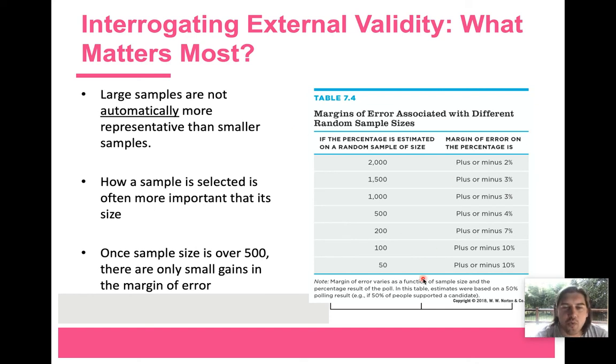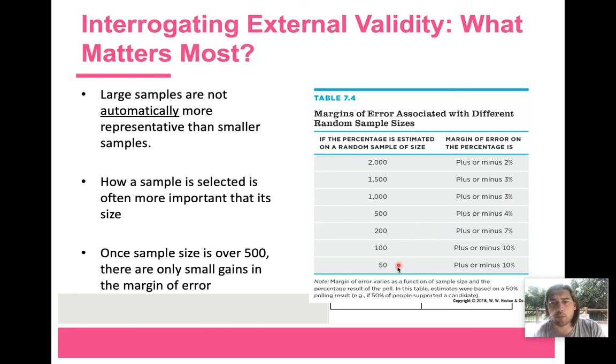But once we really get above the world of like 500 participants, we see diminishing return in the margin of error of the experiment. I think this example is just taken from political polls.